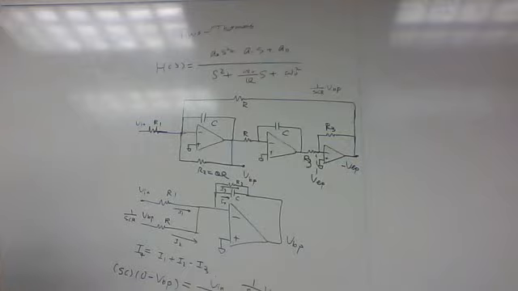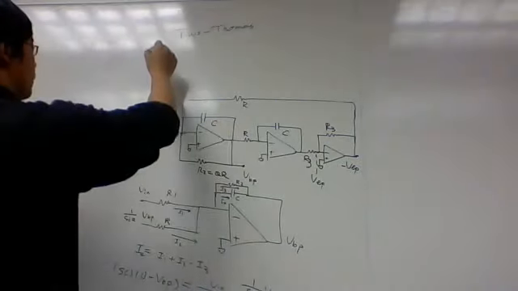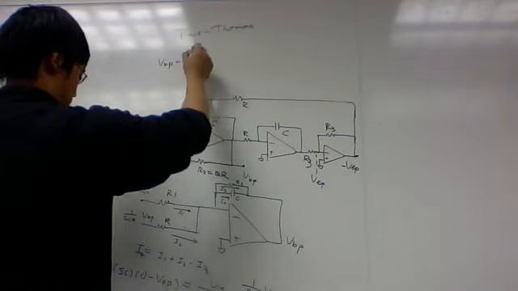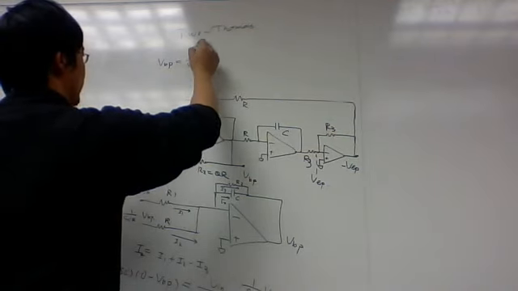So then you get VBP will be R over R1 times SCR times V in, right?